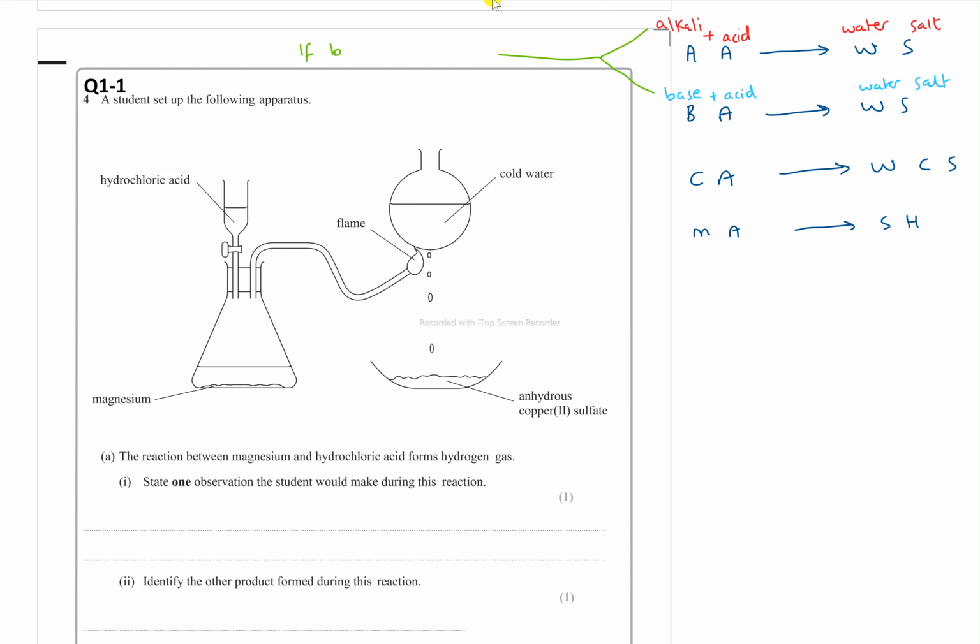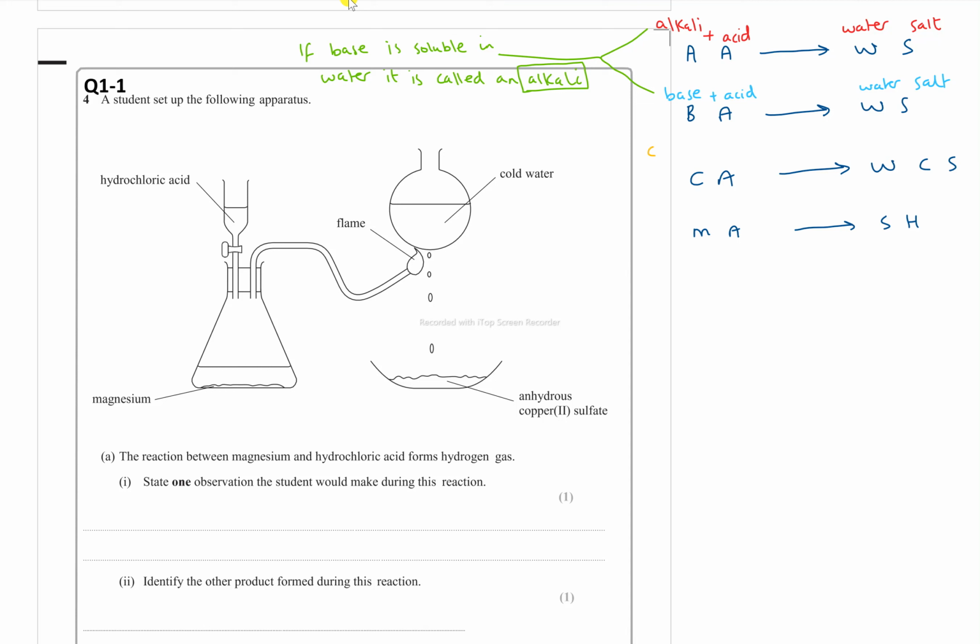If the base is soluble, if you can dissolve it in water, it is called an alkali. It's good to know this. Right. What's next?